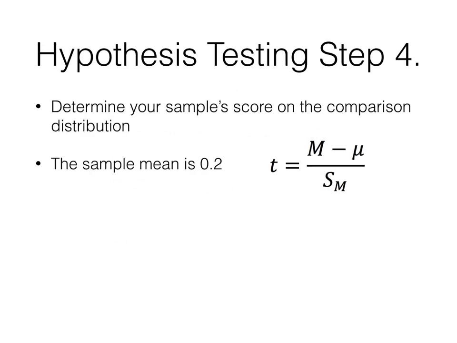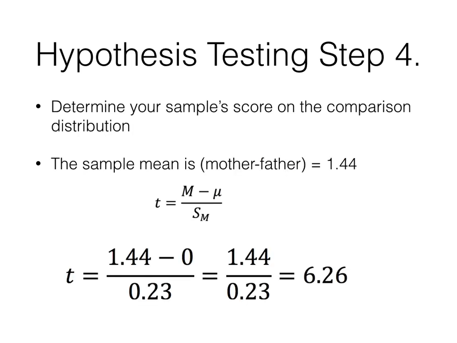In step 4, we want to determine our sample score on that comparison distribution. So we want to convert our sample mean to a t. Now it says here our sample mean is 2.2, but that's actually a typo. It's really 1.44. So the t is M minus mu over SM, the same formula that we used before. The mean of our differences is 1.44.